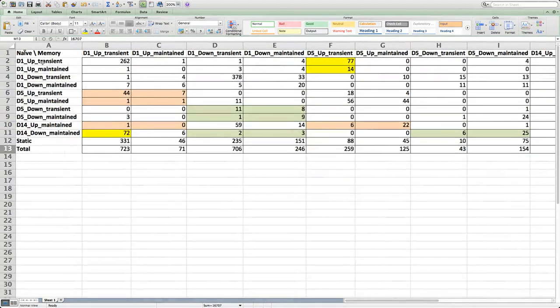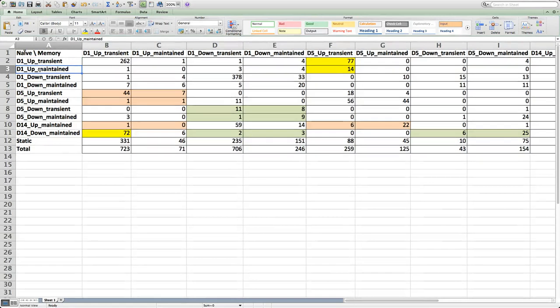So rows are how the gene was categorized in naive cells. For example, day 1 up transient means that the gene was significantly upregulated at day 1, and then at some later time point it went back down by a significant amount. So I called that a transient activation.